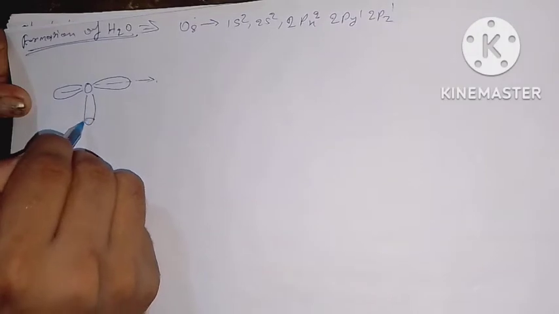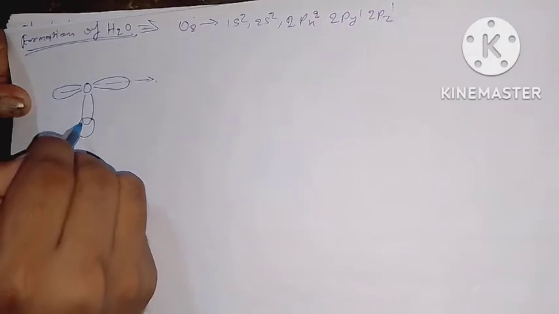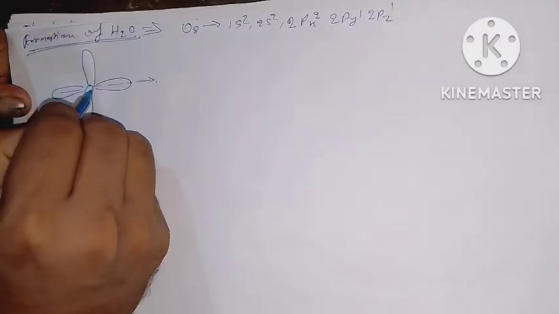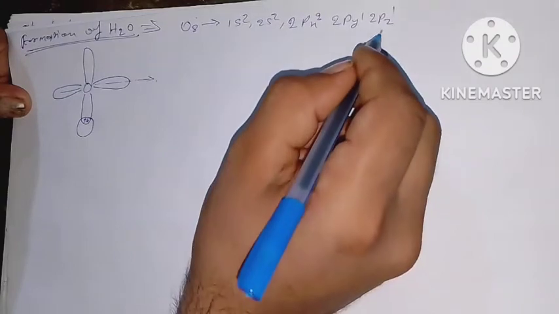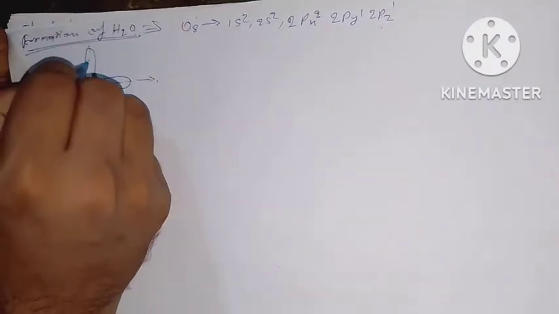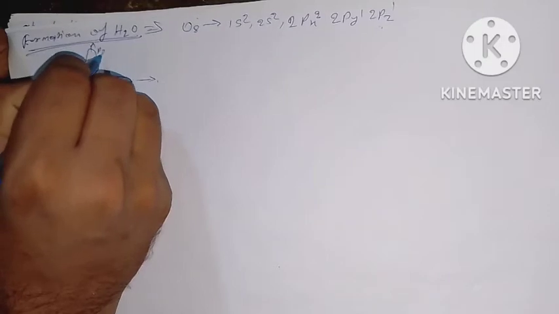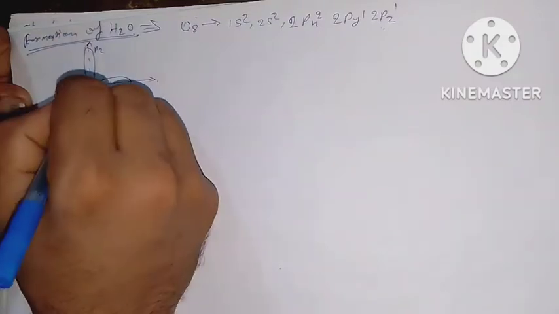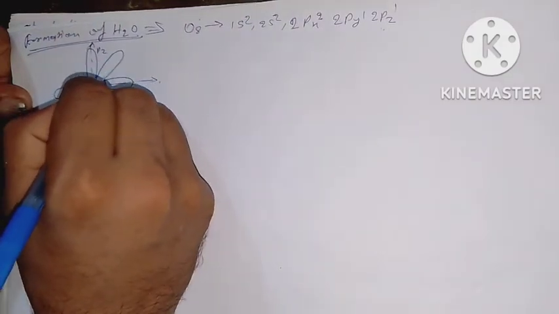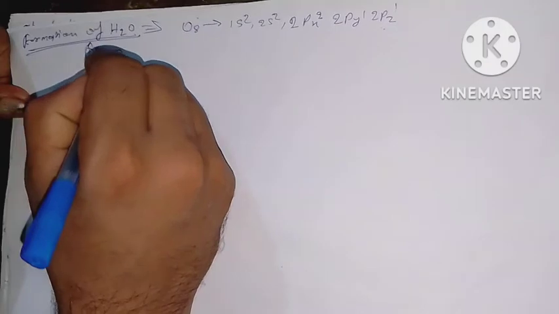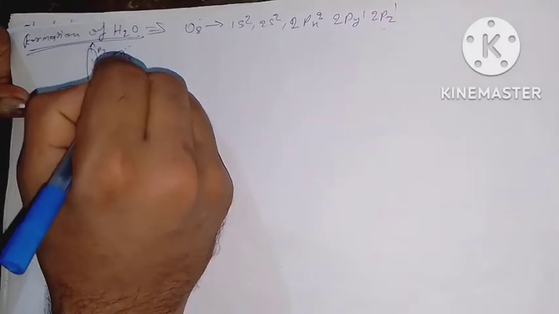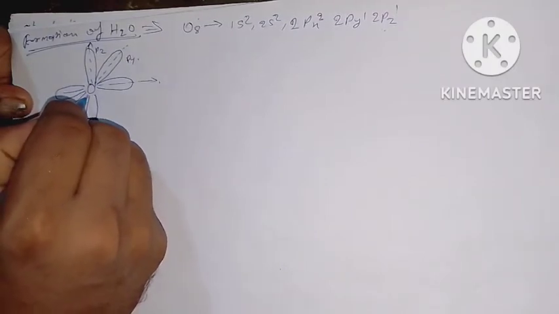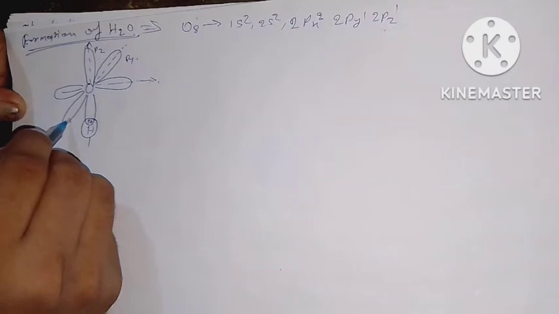This is the overlapping of a hydrogen atom with PZ, and this is the PY axis. One hydrogen atom is overlapping here.